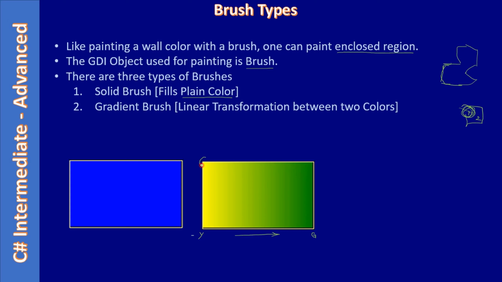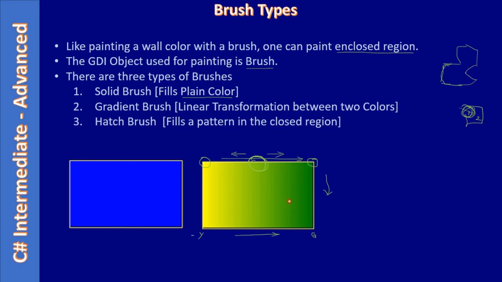In this region you can see yellow, here you can see green, and you can see how yellow is linearly interpolated into green. Here it is a mixture of both yellow and green. This side is more yellow, and when you move to this side it becomes more green. The linear interpolation can be applied horizontally, vertically, or even diagonally.